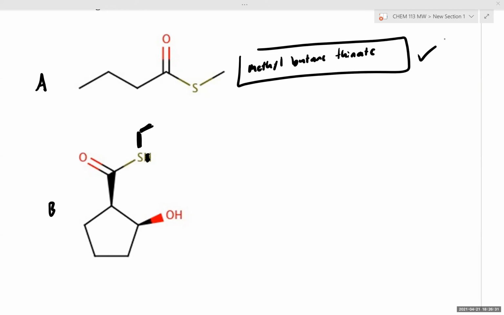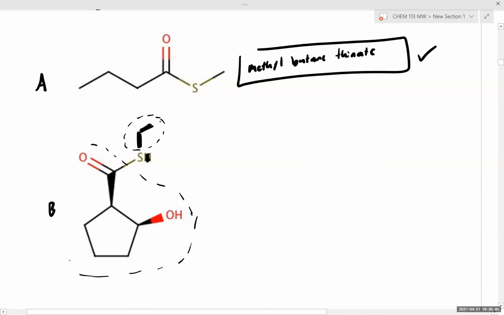Generally, the way that you name these compounds is you name your sulfur substituent first, then you name the carboxylic acid derived chain second. So any groups on your sulfur atom will get priority in terms of naming. So you name the sulfur substituent first. Does that make sense?